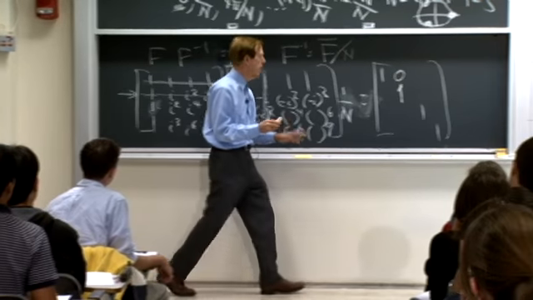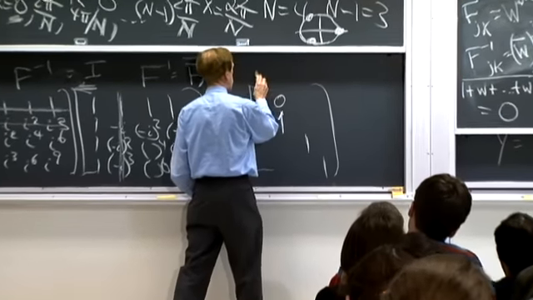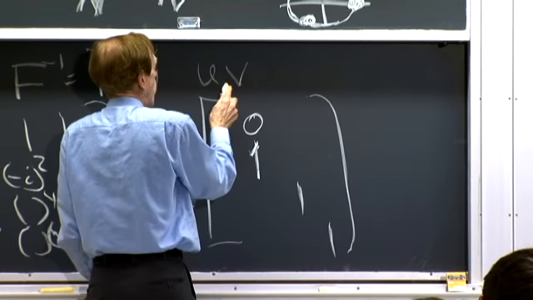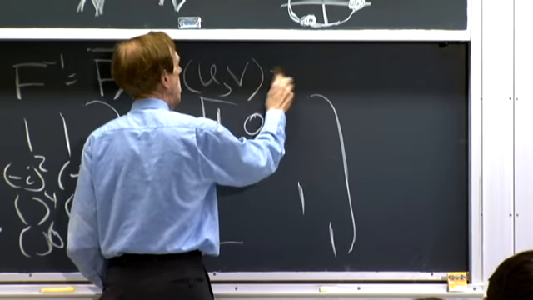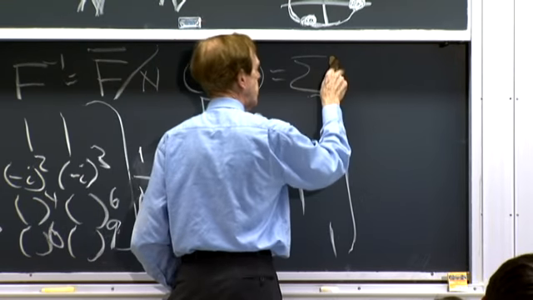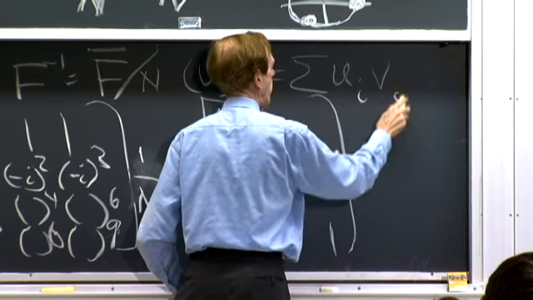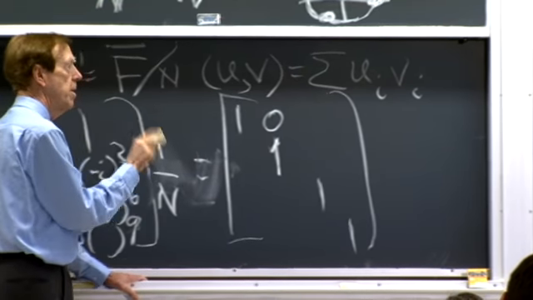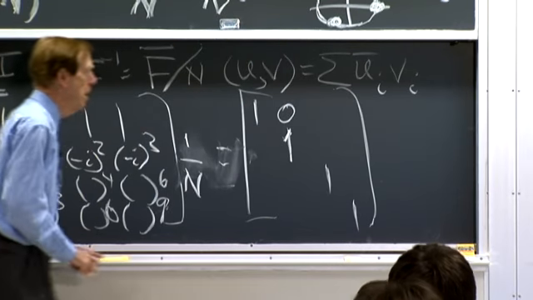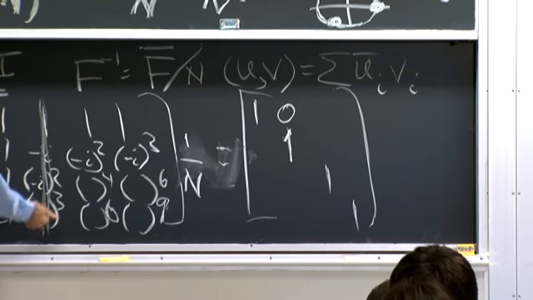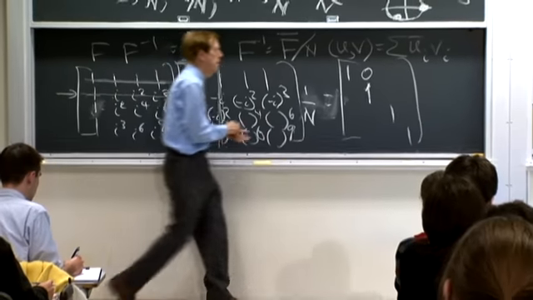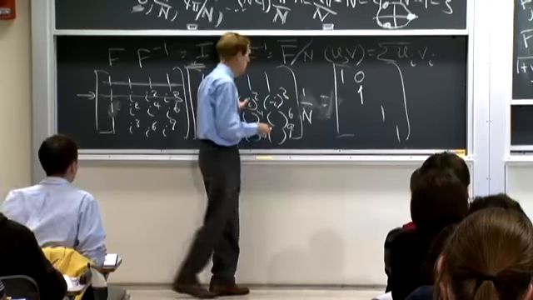I'm just reminding you that the inner product of two vectors, u dot v or u comma v, should now be the sum. It used to be the sum of ui vi. But now we're in the complex case, so we should take the conjugate of one of them. And here, I guess that's the v, and this is the u.